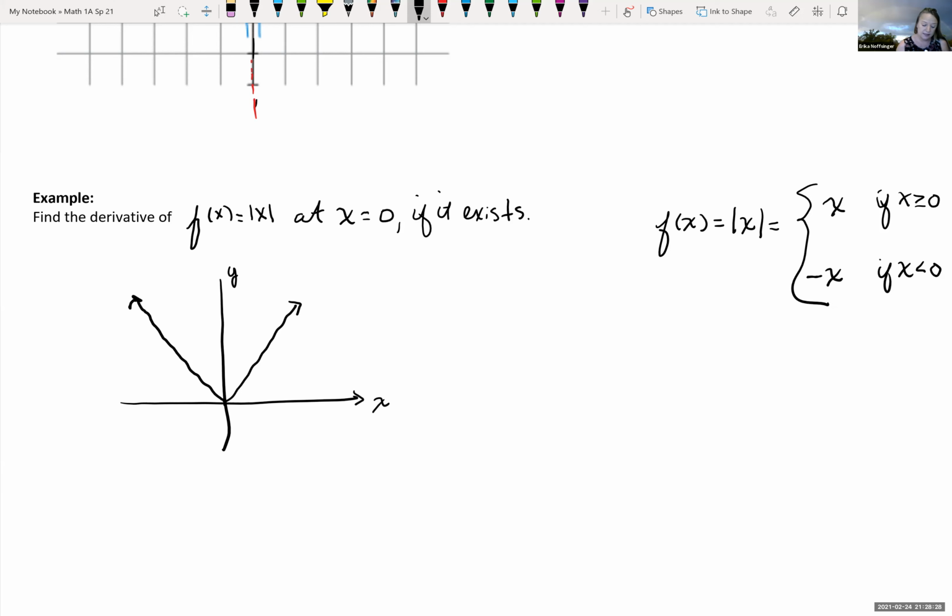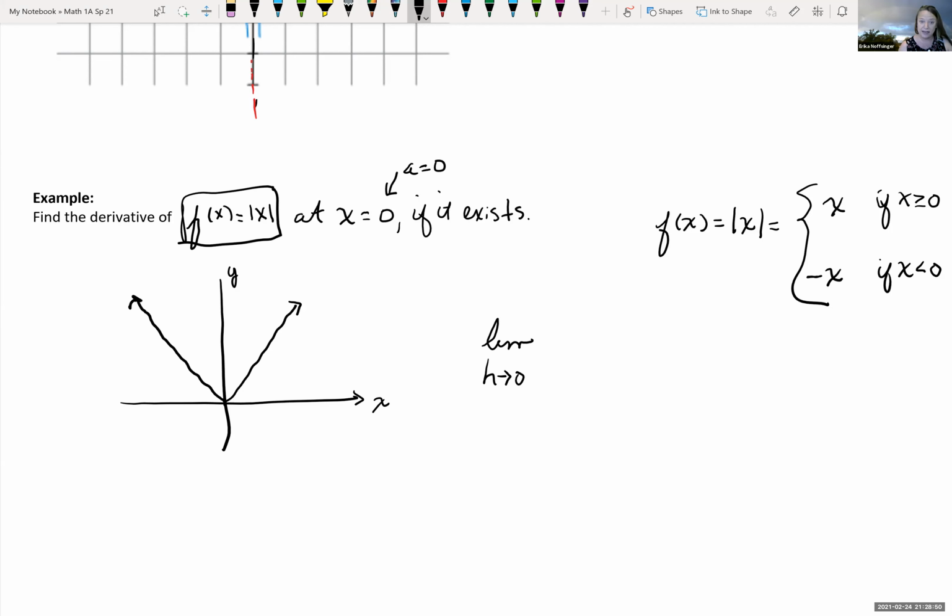Let's go and look at this using the derivative formal definition. So we're looking at the limit as h is approaching 0. This is our f of x function. So we're going to plug in, and our a value in our case is a equals 0.